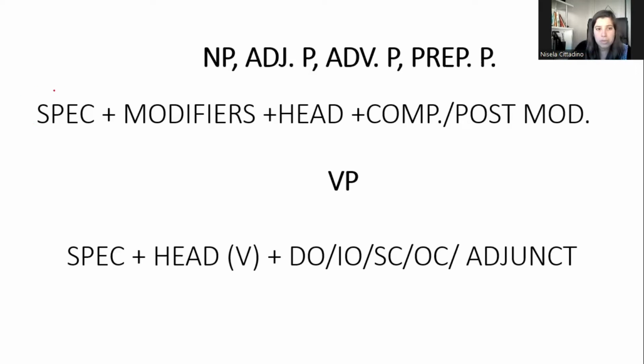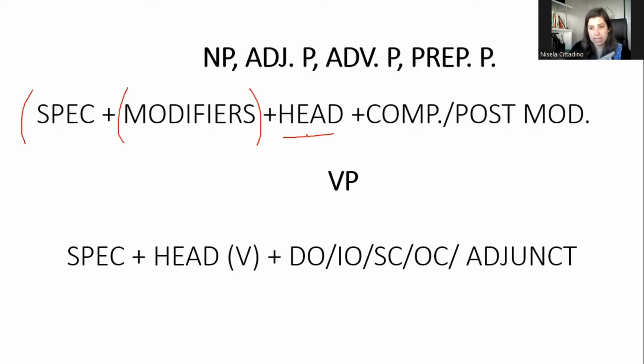The specifier, which is usually the determiner, what we knew as the determiner. Then you will find the modifiers, which are optional categories. They may appear or not. Then you will find the head of the phrase, which is the element that cannot be taken away from the phrase.